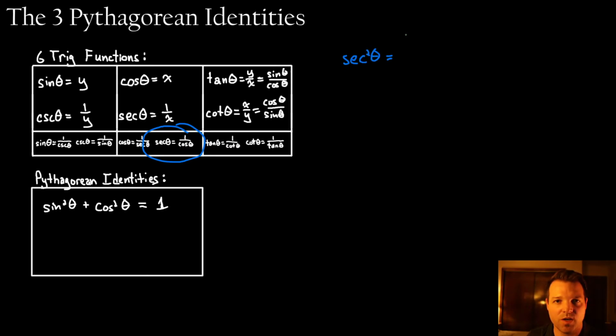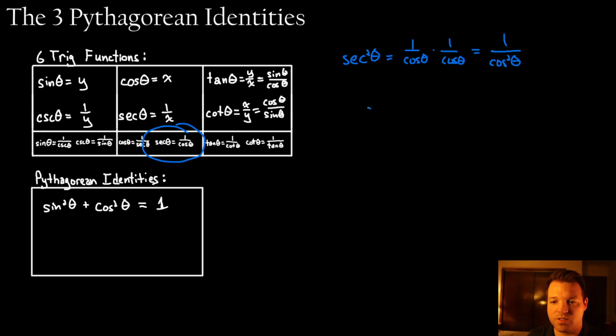Well, secant squared of theta is equal to 1 over cosine times 1 over cosine, right? Secant times secant is equal to 1 over cosine times 1 over cosine. And so if I wrote 1 over cosine of theta times 1 over cosine of theta, then I would multiply across, getting 1 over cosine squared of theta.